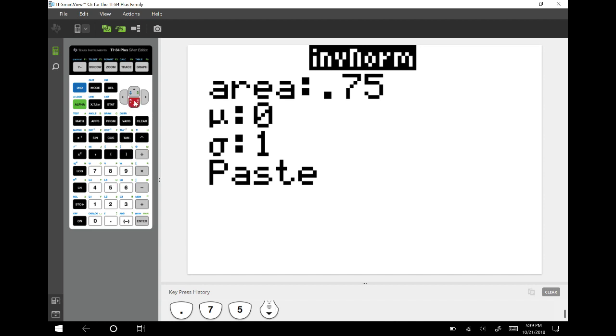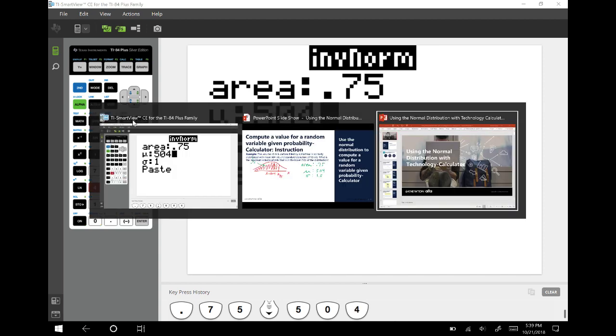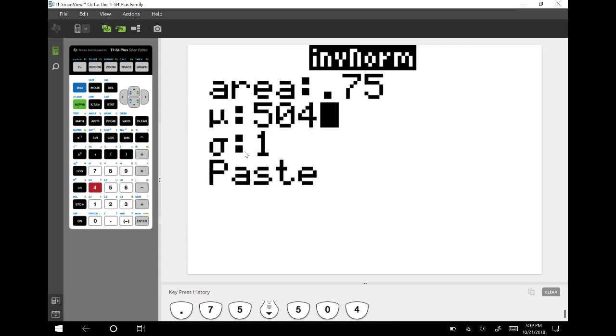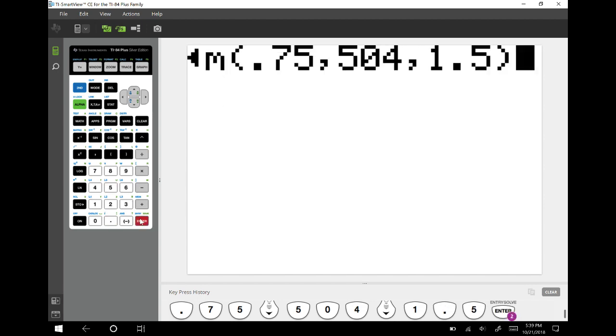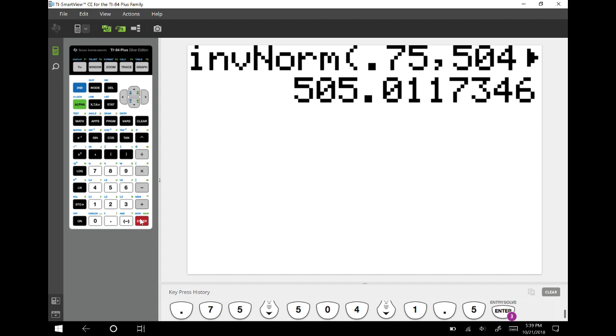The mean was, I believe, 504. And let me double check on the standard deviation. It was 1.5. Okay, we put that in, and 505.01 is our answer. 505.01.